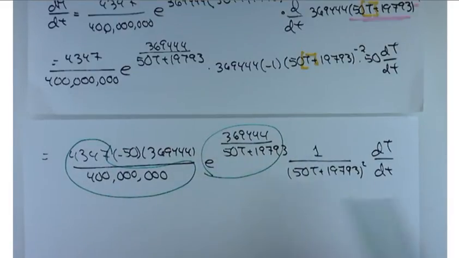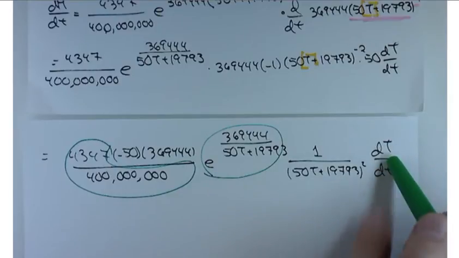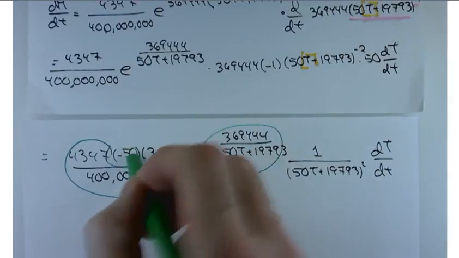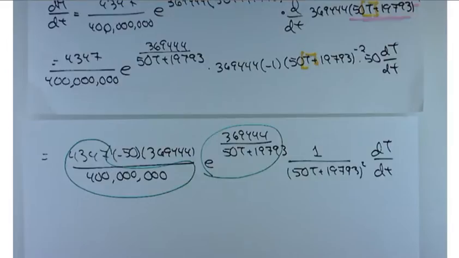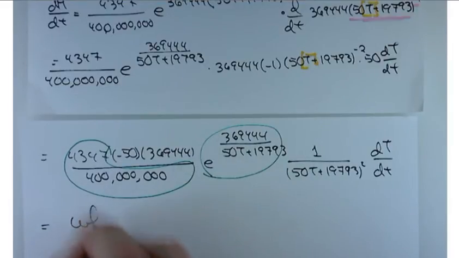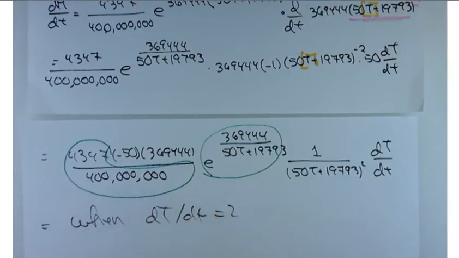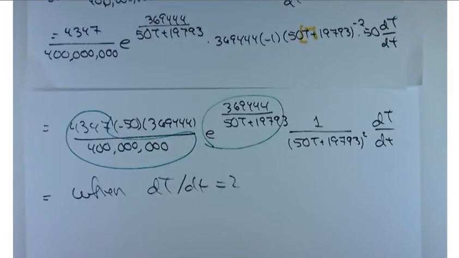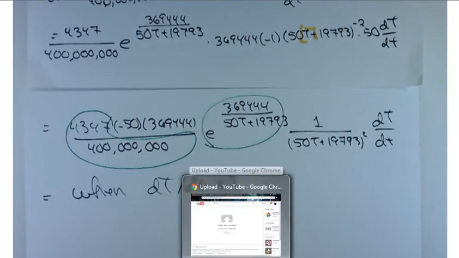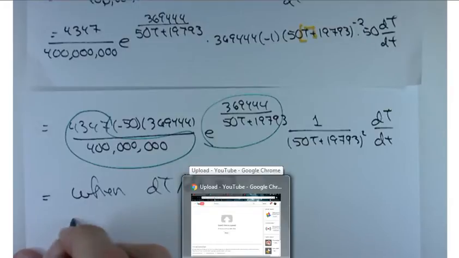So if I put in a 2 here, 2 times that's going to be a minus 100. Let's just clean that up a little bit. So when dT/dt equals 2, then I'm going to have 4347.